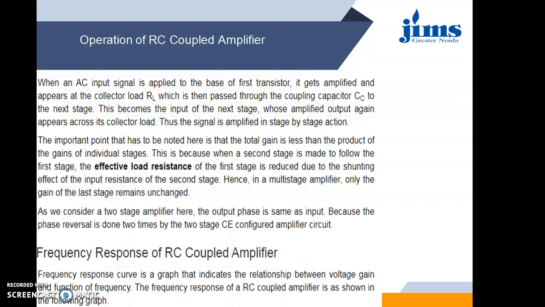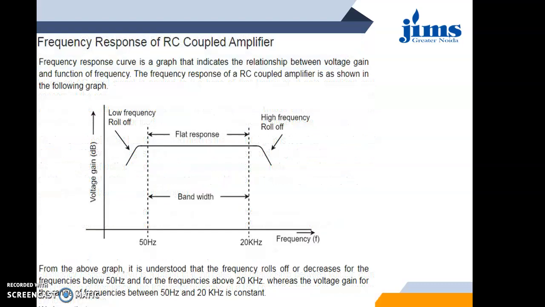Now, apart from the gain characteristic, which is the most desirable feature of an amplifier, we also study the behavior of the frequency response. This is the graphical representation of the frequency response of the RC coupled amplifier. The response is divided into three parts: low frequency range, middle frequency range, and high frequency range.